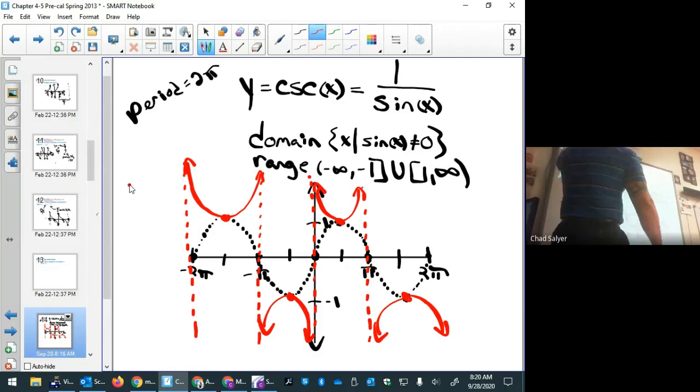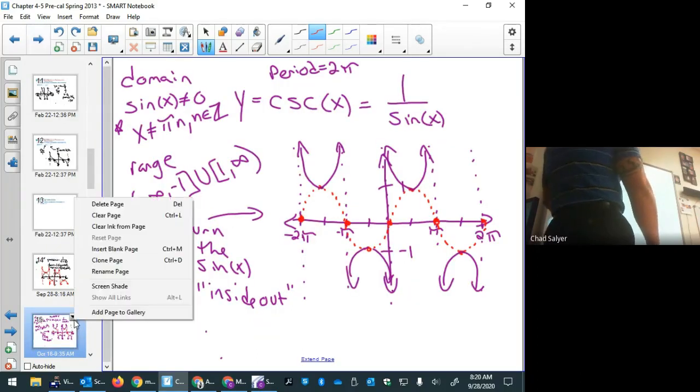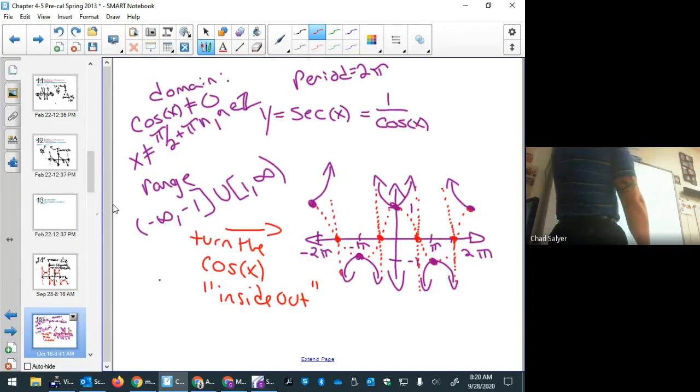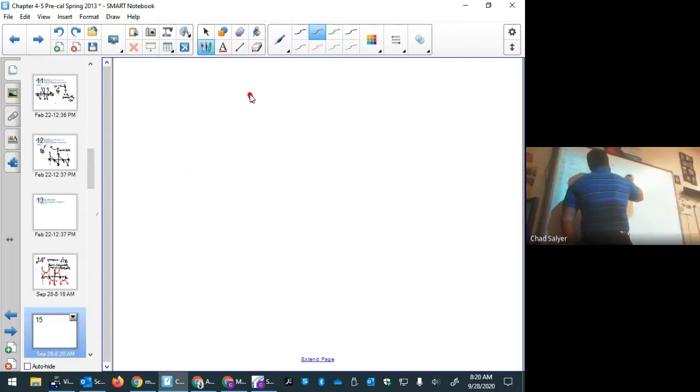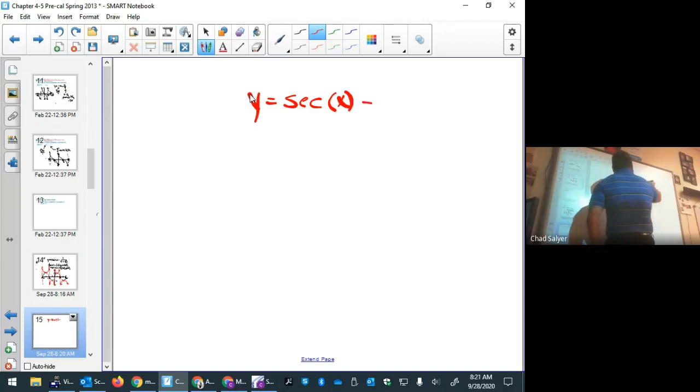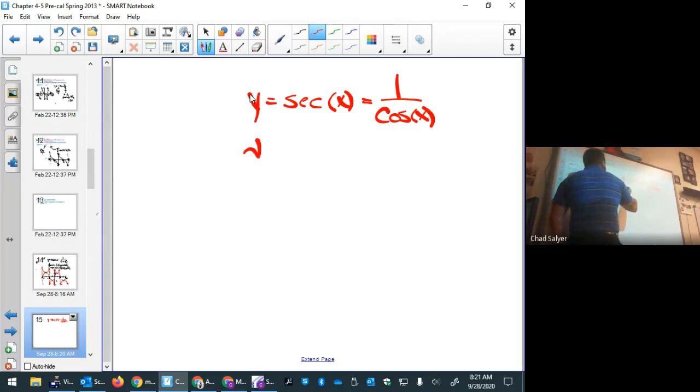All right, now we've got the secant of x. And that is 1 over the cosine of x.